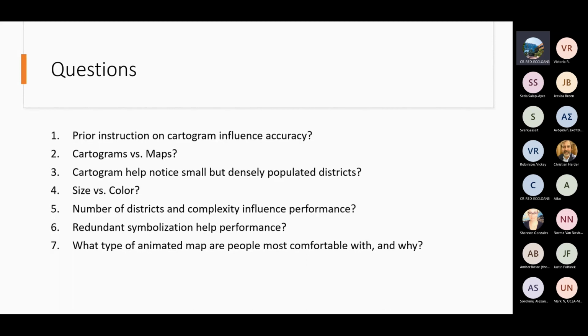And then we move on to the effectiveness of size and color, and whether the number of districts, complexity, and redundant symbolization help performance. And lastly, we ask participants what kind of maps they prefer and what type of animated maps they're most comfortable with.